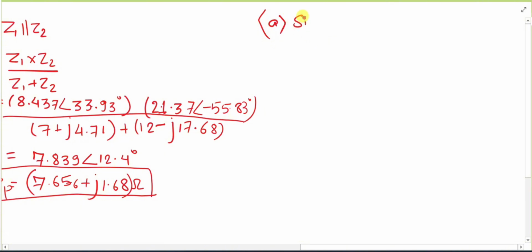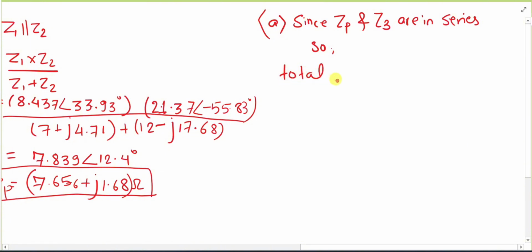ZP and Z3 are in which connection? In series. So we can write the total impedance Z, we will name it Z, equal to Z3 plus ZP.